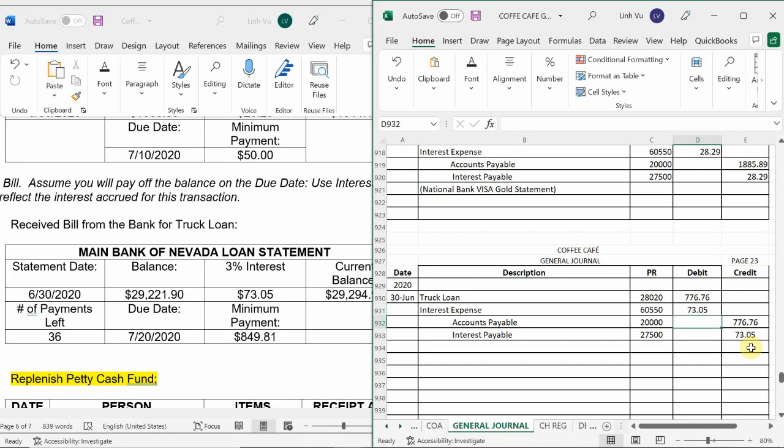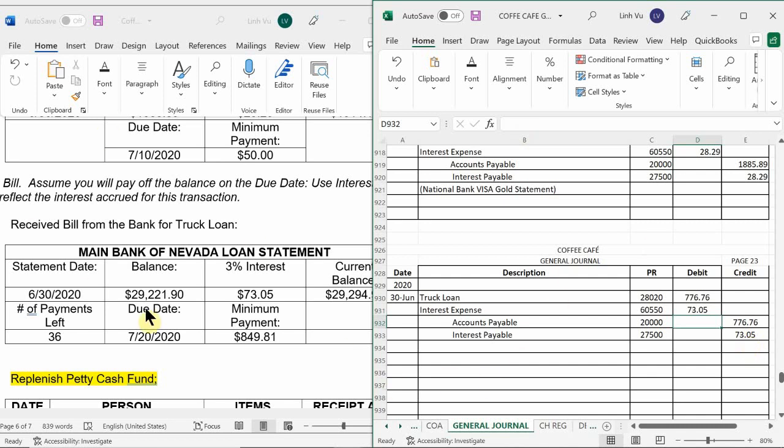What was it before? Oh, I think I put 41 cents instead of 81 cents. Thank you. So there you go. 776.76 and then $73.05 for the interest.